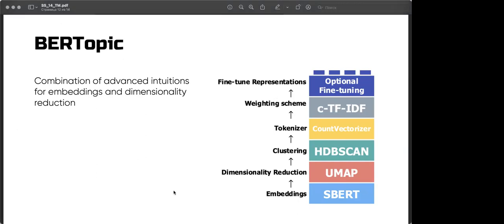So the important idea here is that this solution is in fact very similar to Lego as a game. That is why it is represented and illustrated here as such. So you can take different steps of this analytical pipeline and exchange them with other equivalent solutions for this exact step.